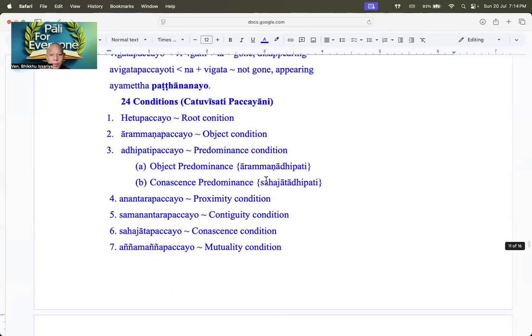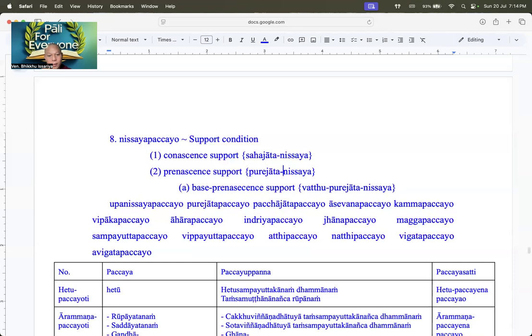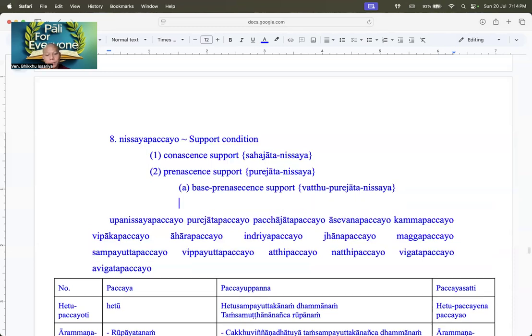Okay, that way is better. So Sahajāta Nissaya and Purejāta Nissaya. And the second one is Ārammaṇa Purejāta Nissaya, base object.